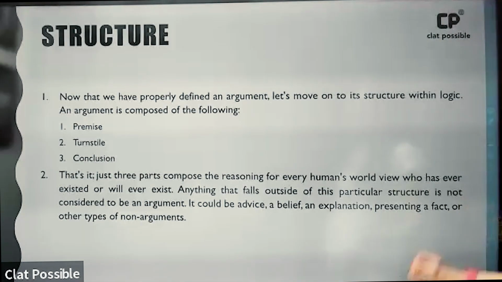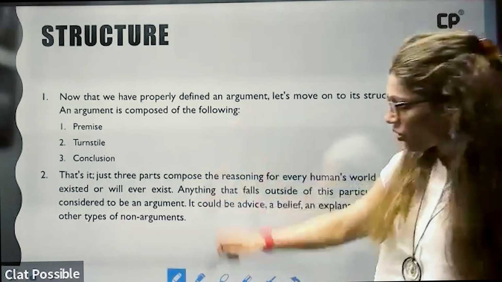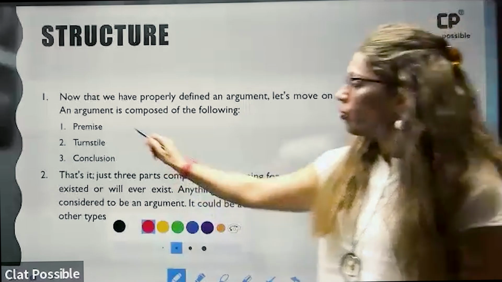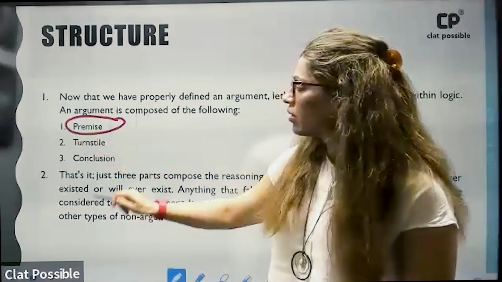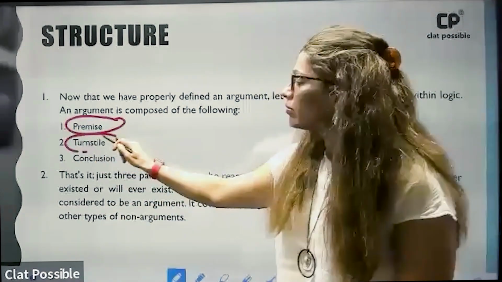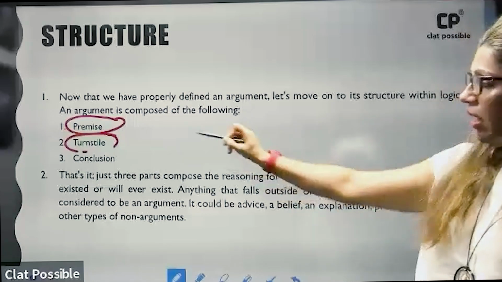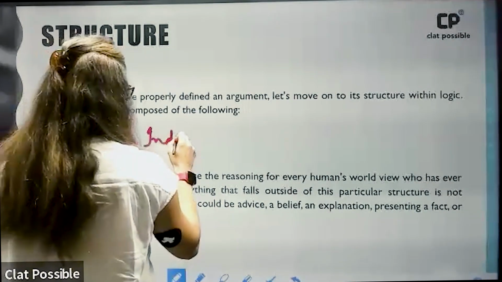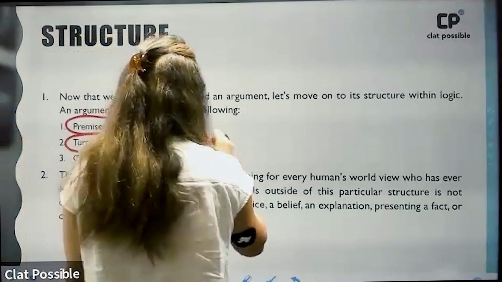So any argument, as the basic structure that you have done, will be composed of the following. You know this, so I'm going to go over this quickly. You will have supporting premises. You will have a turnstile, which is nothing but an indicator. You have done indicators. So there are two ideas that are joined by indicators.